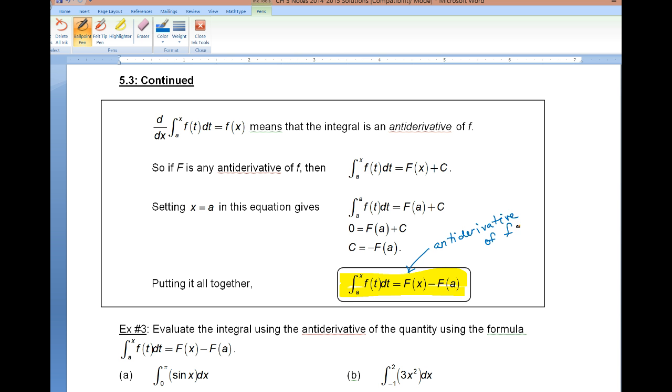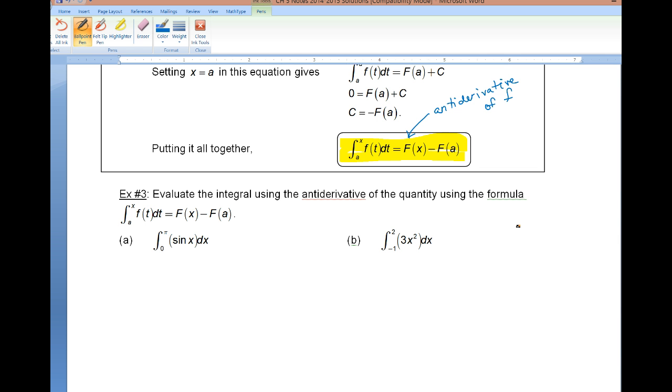So when we do the antiderivative of little f, we get big F. Now, when we have the bounds, that implies that we can actually find the area under the curve. The way we do that is we find the antiderivative, evaluate it at the upper bound, and then subtract, evaluate it at the lower bound.